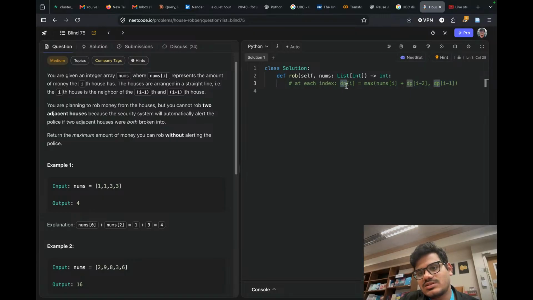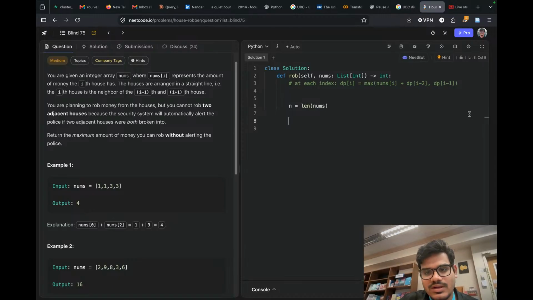So this DP is just dependent on the index. If we have this, we can just maintain one DP array, and from there we can find out the maximum amount that we can rob at index i. So let's say n is the length of nums.